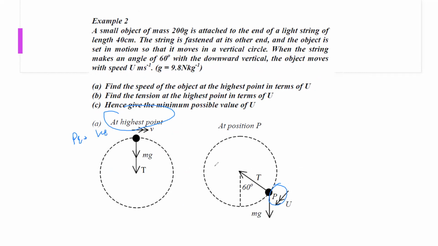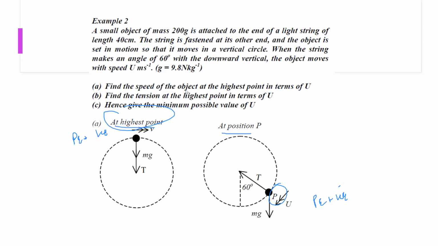And what is the total energy at point P? It is potential plus kinetic. The reason why we did the first thing was to know the height above the lowest point. So the total energy at the highest point is equal to the total energy at position P, and using this we will find the kinetic energy.